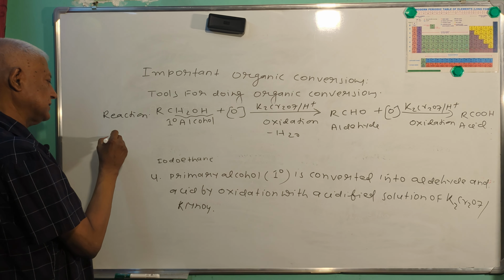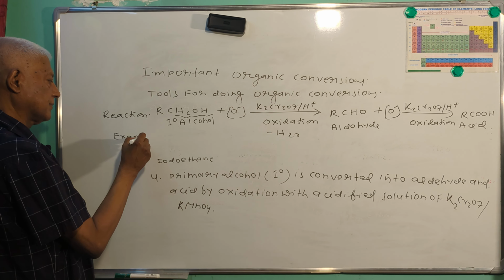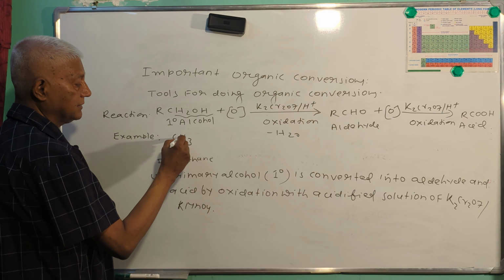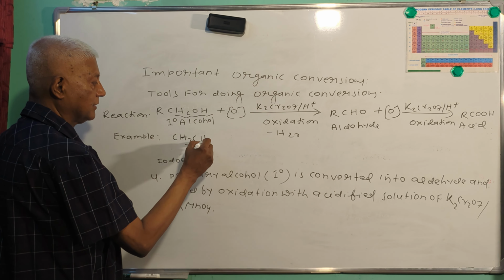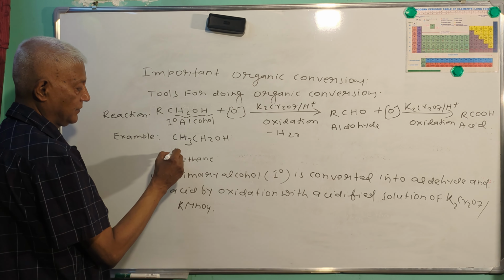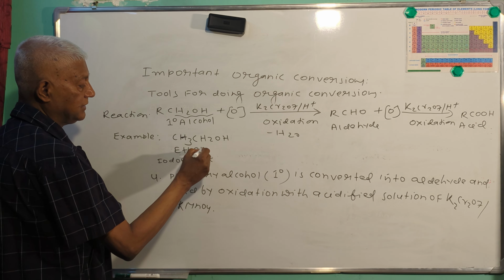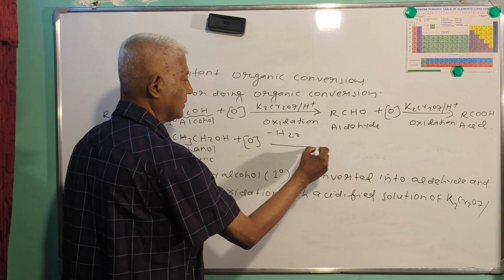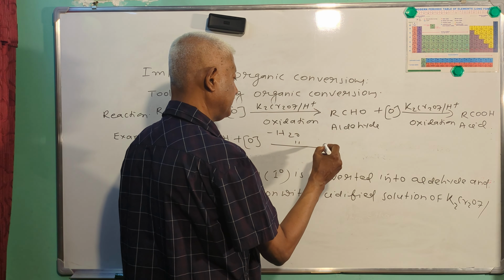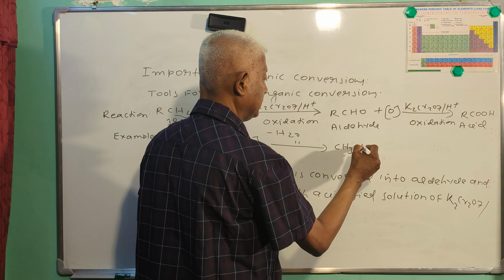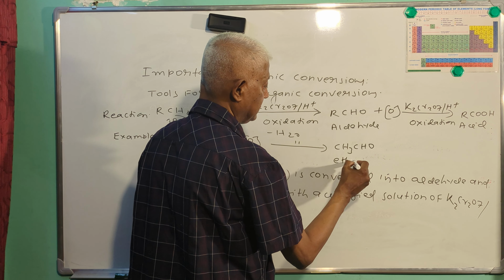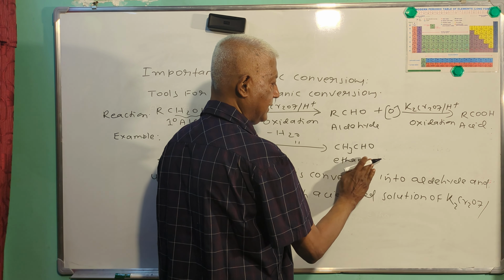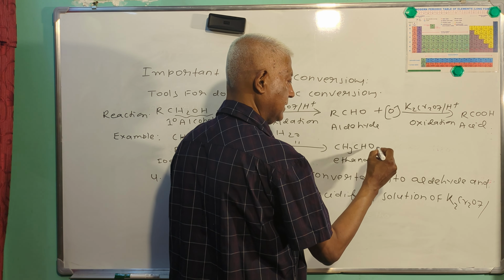So an example is like this. R we can take as any group. A simple one is CH3CH2OH, that is ethanol, ethyl alcohol. When that is oxidized with the same reagents, at first we have CH3CHO, the aldehyde group over here, ethanal.